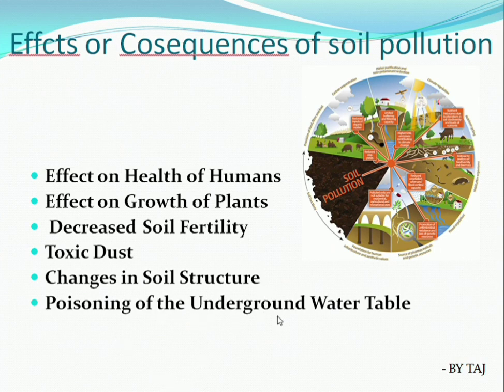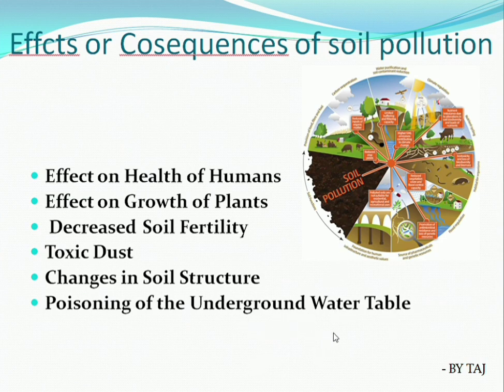Poisoning the underground water table. What happens is, the water table is the purest form of water you are going to get, but that underground water will be destroyed by poisoning. The harmful chemicals present in the upper layer of the soil will easily percolate into the underground water table.